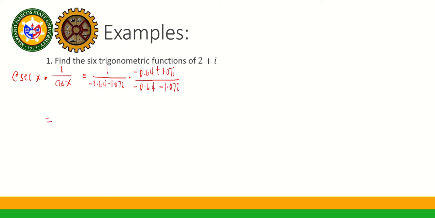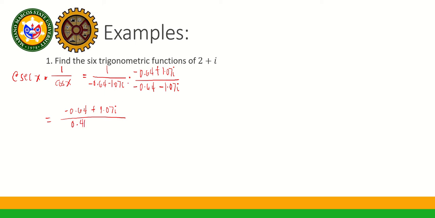So, this will be equal to negative 0.64 plus 1.07i. And for this one, gaya ng sinabi ko sa mga previous examples, this is a difference of two squares. So, if you're going to solve for this one, negative 0.64 quantity squared is equal to 0.41.